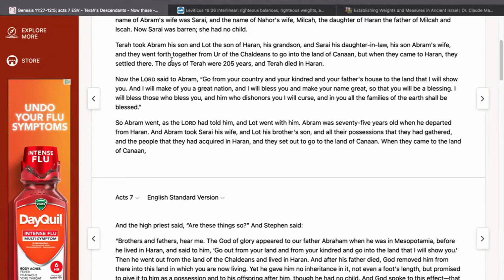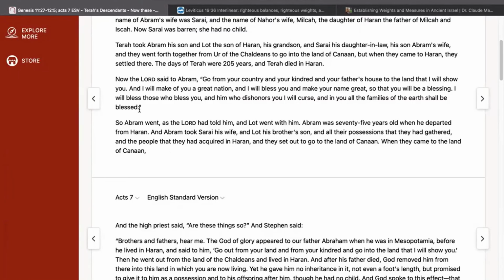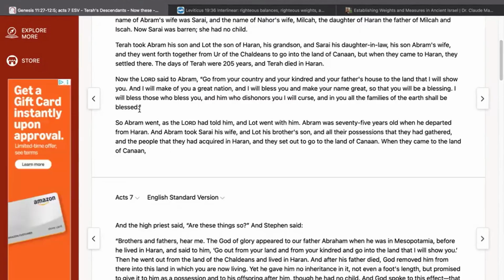And so, by that, what the ESV Study Bible gives us, because I would say one way that I was thinking about reconciling this is that what Stephen is talking about is basically after we are told that Terah died, Abraham goes, right?